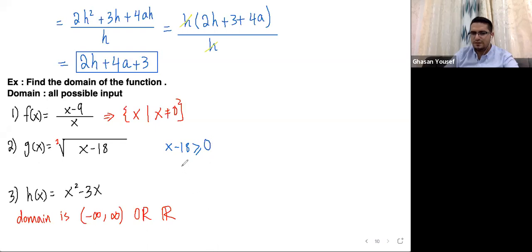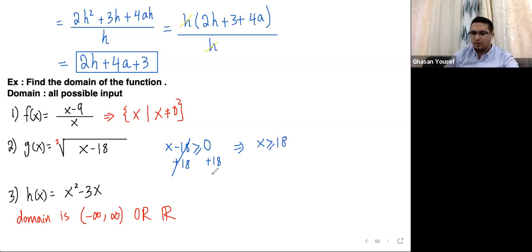Now we solve this inequality. Like in the previous section, we have to add 18 to both sides. After I add 18 on this side, I get 0. So x must be greater than or equal to 18.